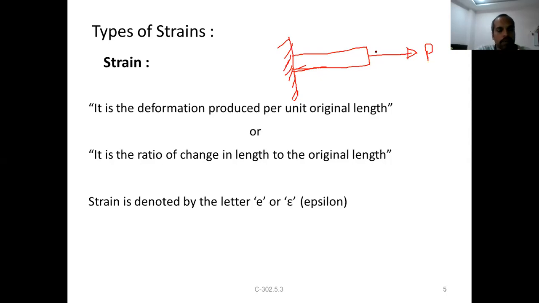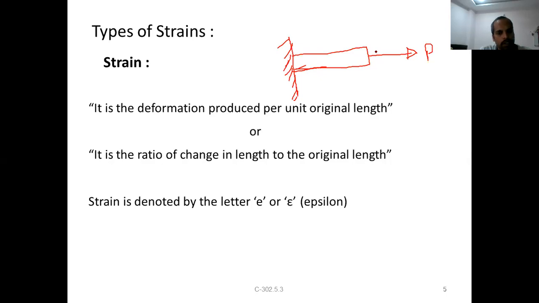That means a change in dimension may take place. That force will try to deform the body. The deformation may be anything: a decrease in length, an increase in length, a change in shape, or anything. There may be n number of different types of deformation. The basic point is that the force tries to deform the body.